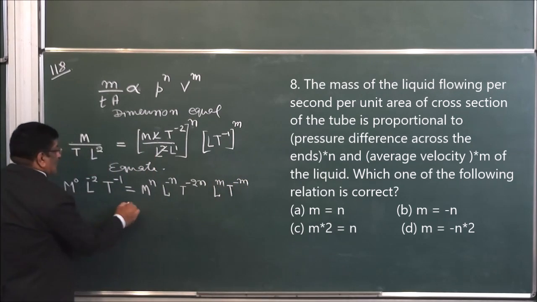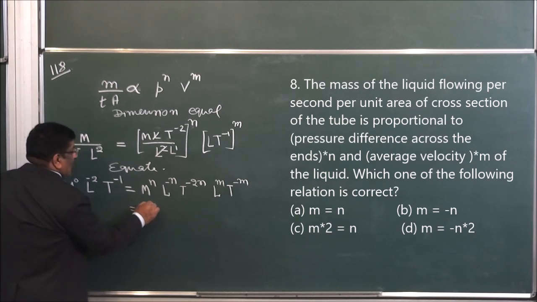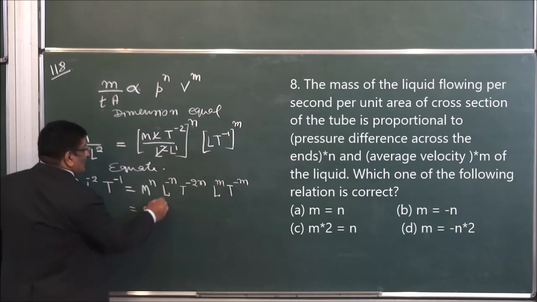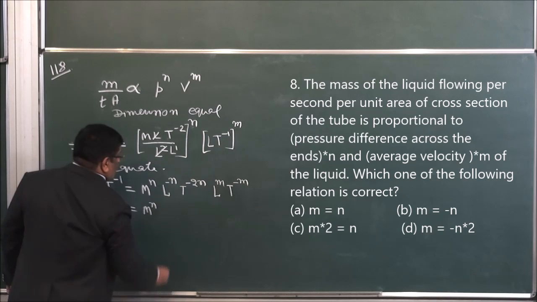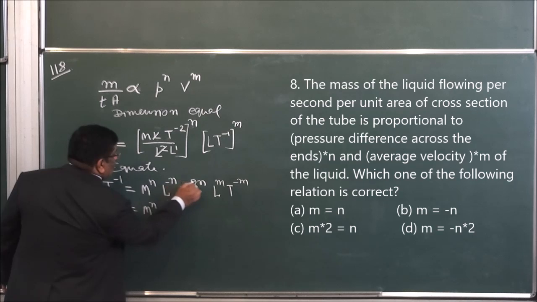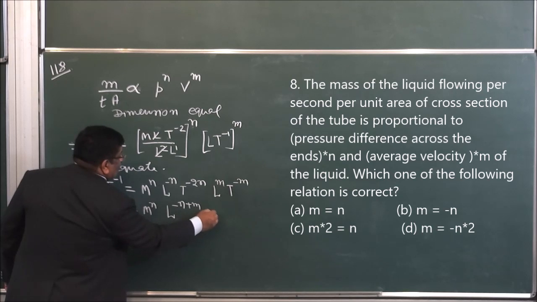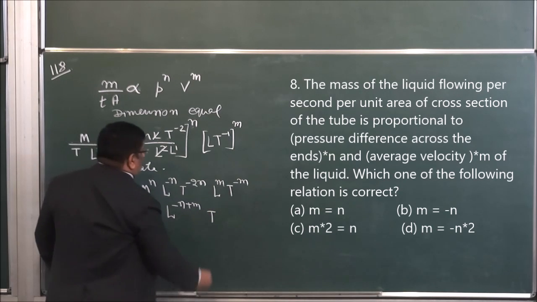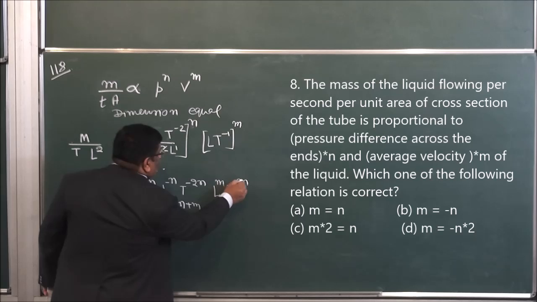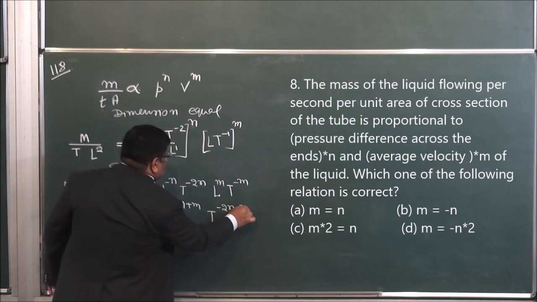Again we simplify this and this comes to M to the power n, L to the power minus n and L to the power n, and T to the power minus 2n minus m.